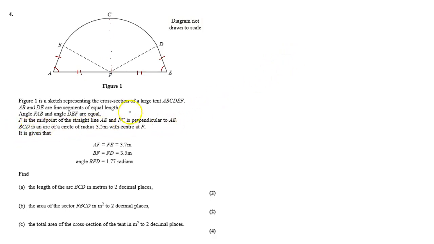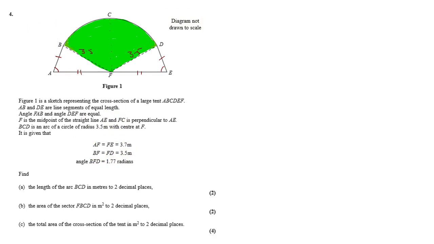BCD is an arc of a circle with radius 3.5 and center. So this is the center and this is 3.5. This is 3.5. Of course, this is also 3.5. This is the center.